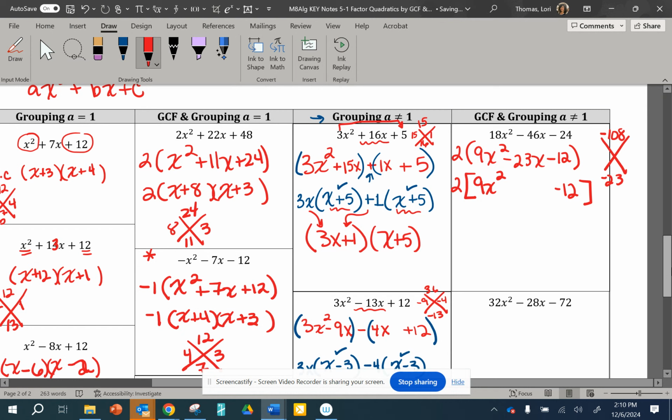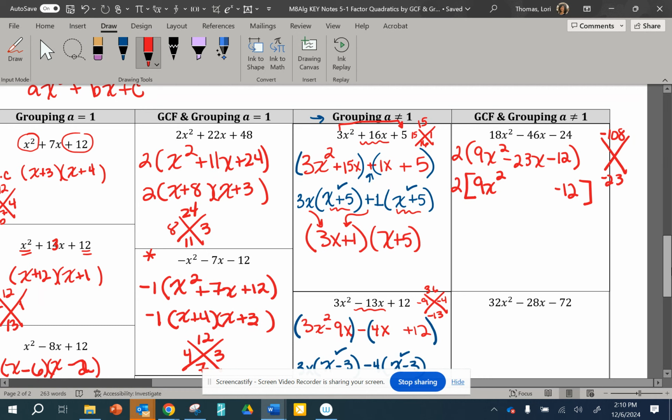So I'm going to use my calculator, and let me go to my table. And we have 108 divided by x, and then just enter, enter, enter. And then you scroll until you see a pair that's going to give us a negative 23.